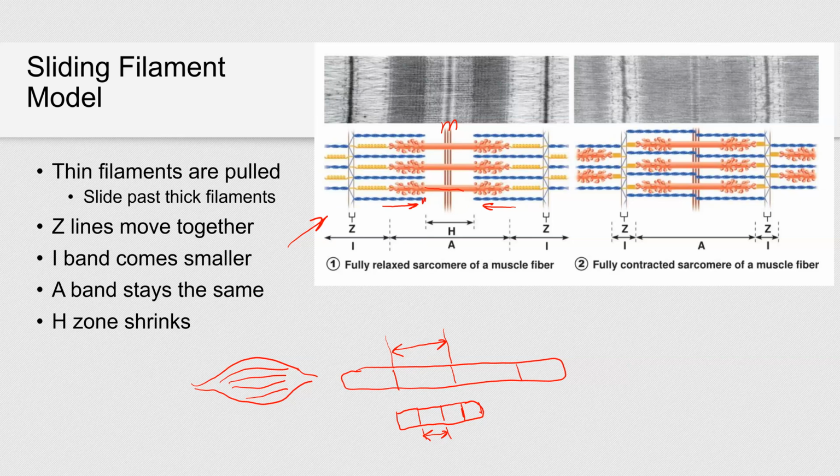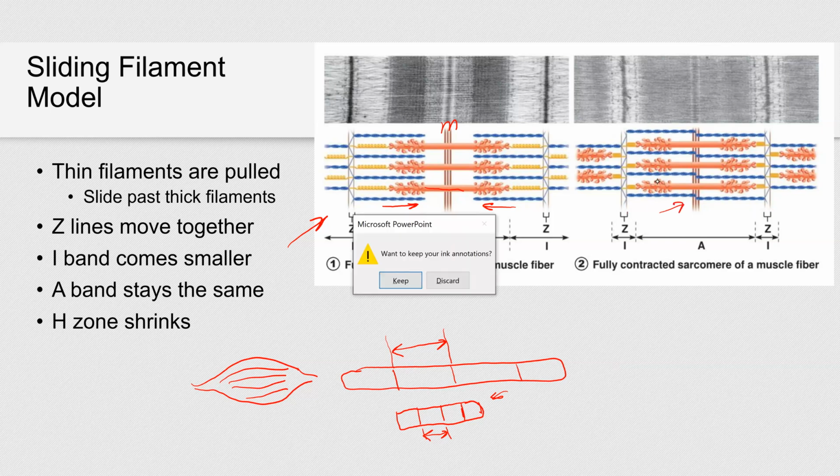But now if myosin can pull actin towards the midline, then the whole sarcomere gets shorter, right? And this is our goal because we want to make each sarcomere shorter. So now we need myosin to grab on actin and pull actin towards the middle, and then the whole sarcomere shortens, right? So let's see how this is done.